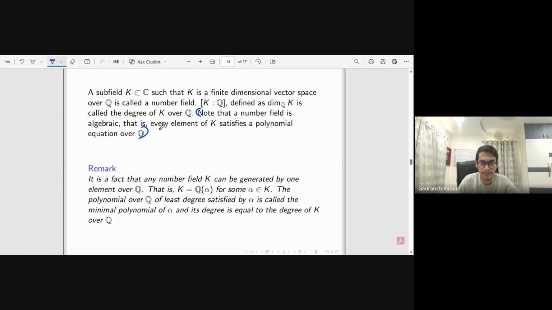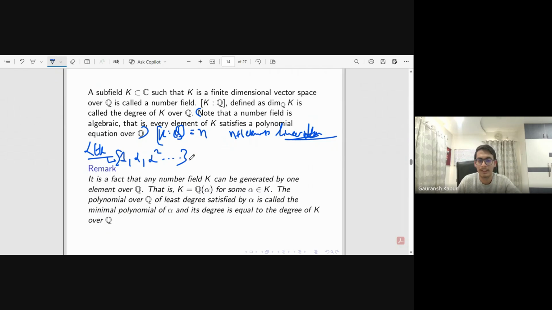How do we prove this? Let me just show you. Let's assume that the degree is n. What this means is that any set of n plus 1 elements would have a linear dependence, right? Because a basis is a maximal linearly independent spanning set. Now take any alpha in K and consider the set 1, alpha, alpha squared, and so on.